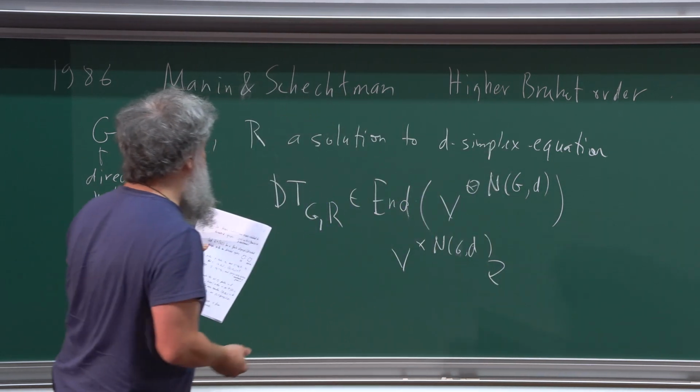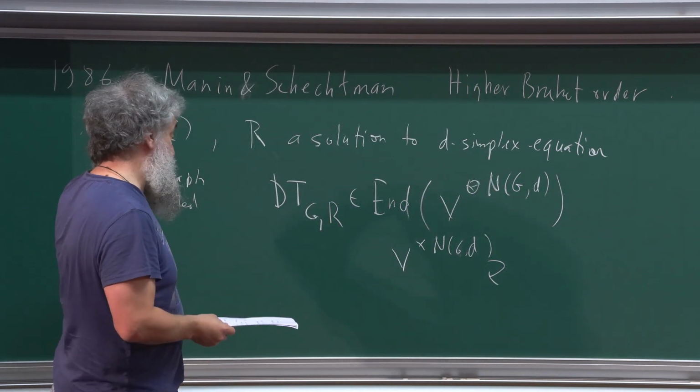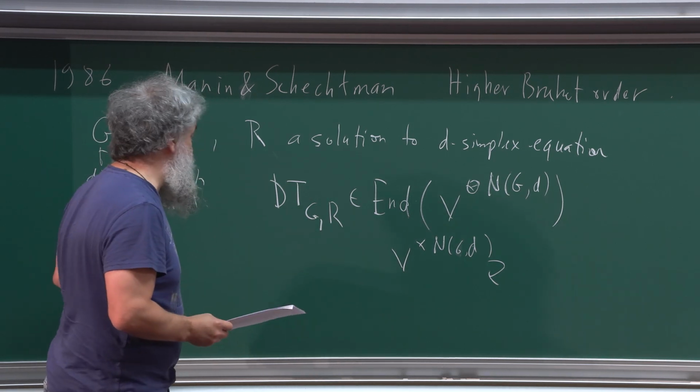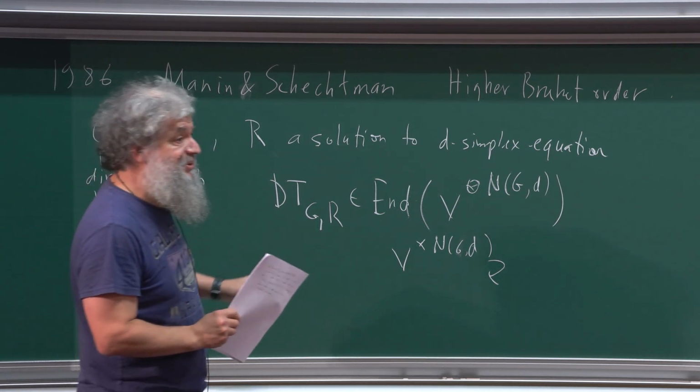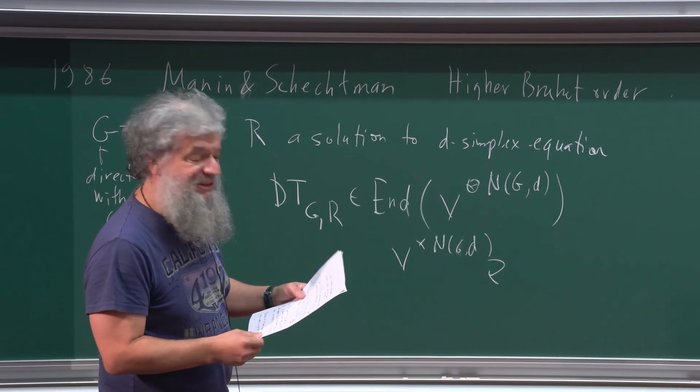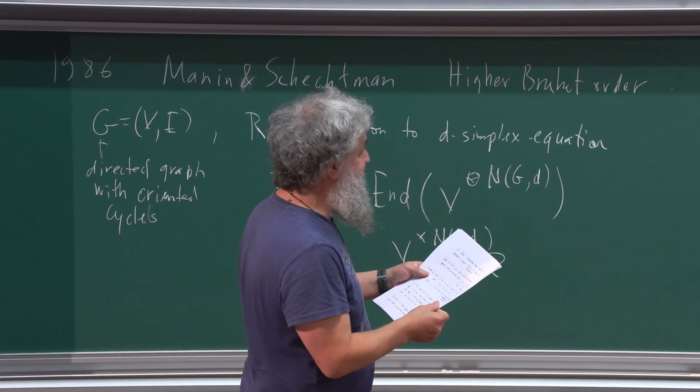This could be thought of as like a Donaldson-Thomas transformation with respect to this graph and a solution to the Yang-Baxter equation.